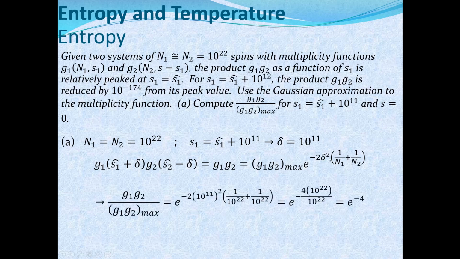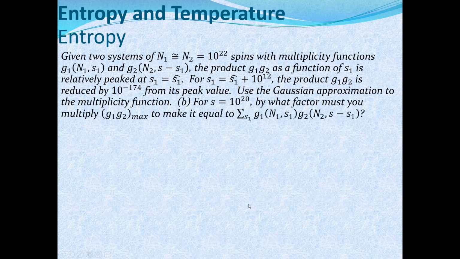So we plug the numbers in, we know what our delta is, we know what the number of molecules are, plug everything in, and we get e to the negative 4, or 0.0183. So what this basically says is that this is essentially about 2% of the max value of multiplicity available states. That's pretty much what it's saying.